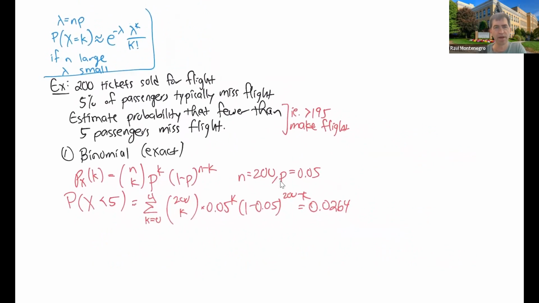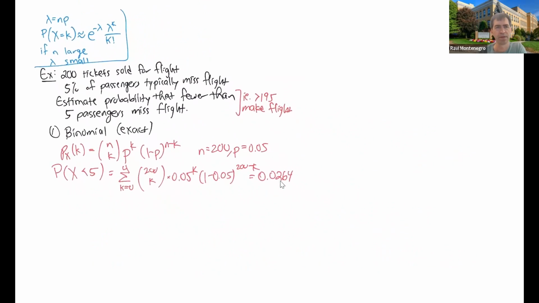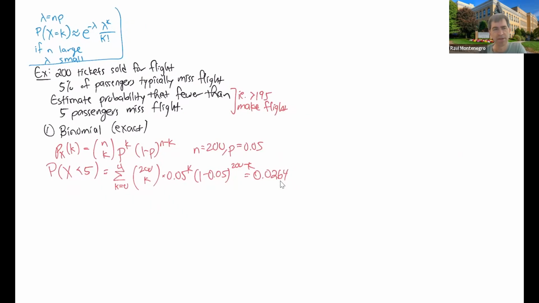Okay, so that was our binomial answer. And now let's do this again, but use Poisson. So Poisson is an approximation because the theorem about Poisson is a statement about limits.